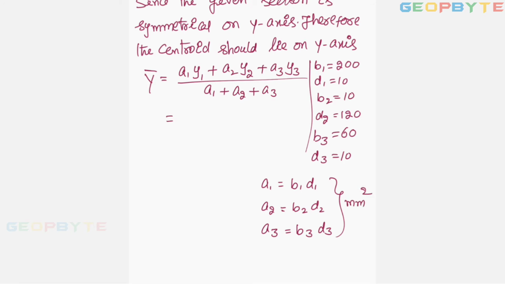Then you put all these values in the y bar relation for getting y bar as 38.49 millimeters. That is how the centroid should be found for the I section. So let us take one more section.